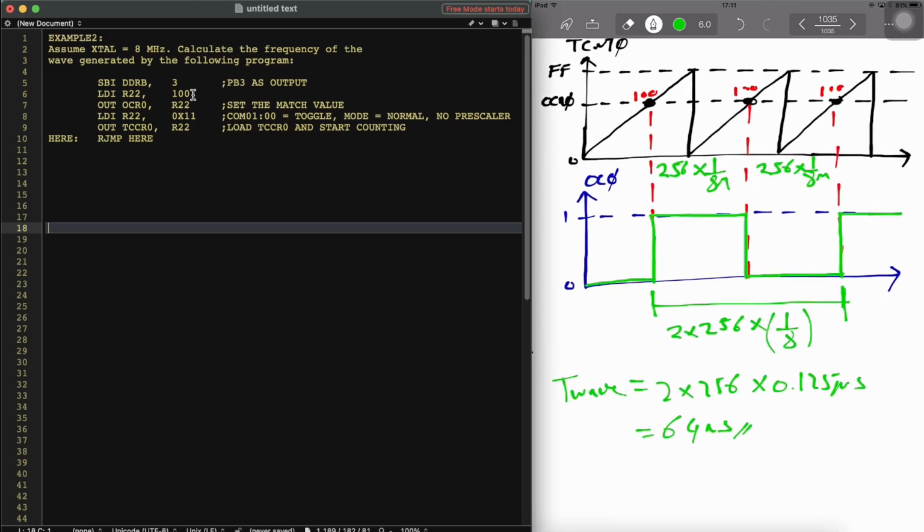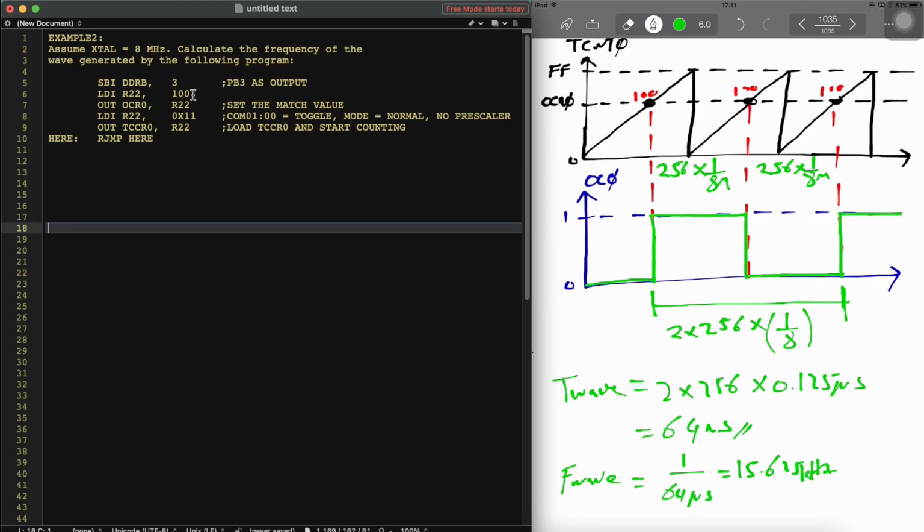And the frequency of that wave is going to be 1 over 64 microseconds, which is 15.625 kilohertz.